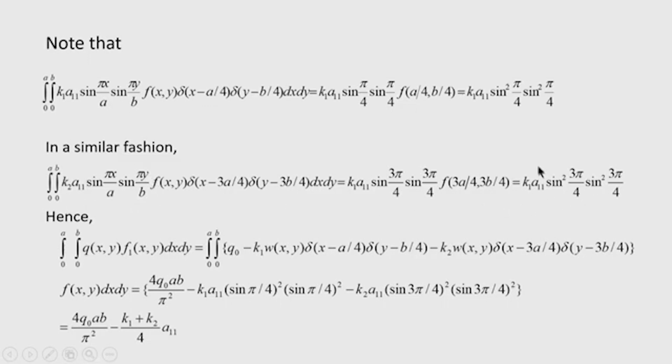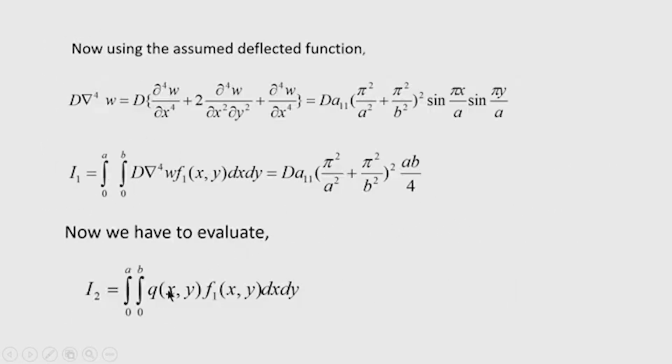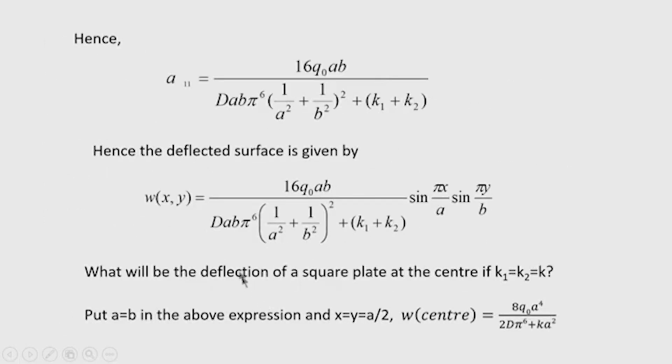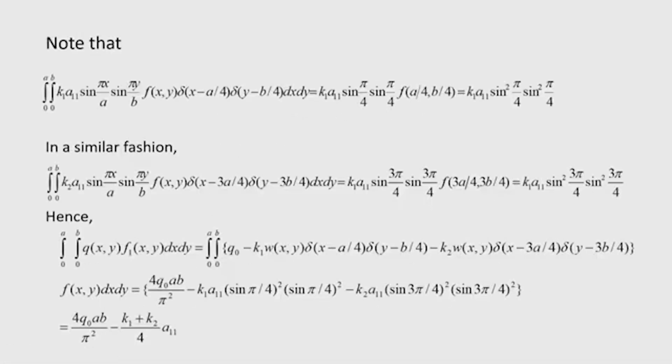So, we get this term, and then using the Galerkin final equation I 1 equal to I 2, we substitute all these quantities, and then we get a 1 1 equal to 16 q naught a b divided by D a b pi to the power 6 bracket 1 by a square plus 1 by b square whole square plus k 1 plus k 2. Okay. Now, you can see how this quantity a 1 1 comes.